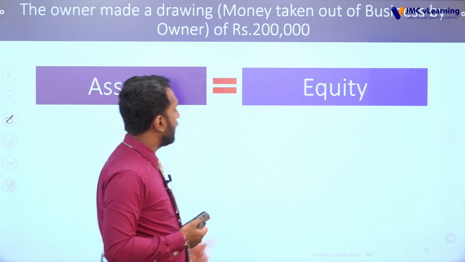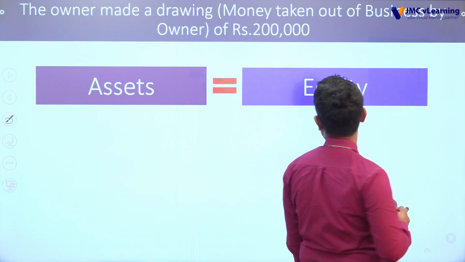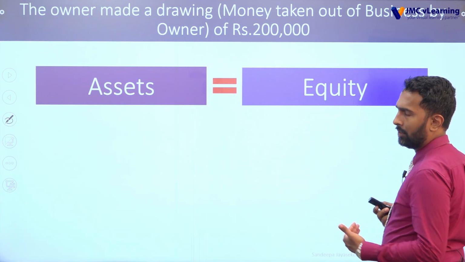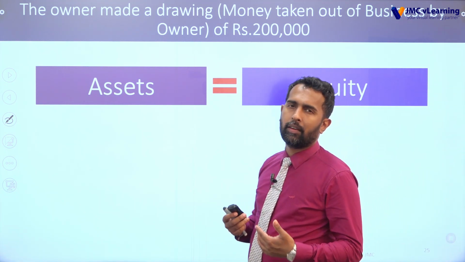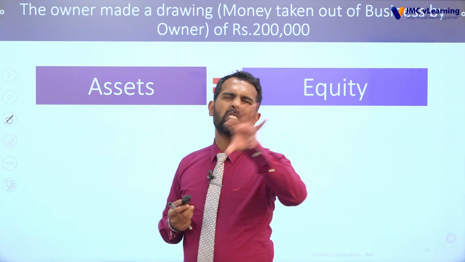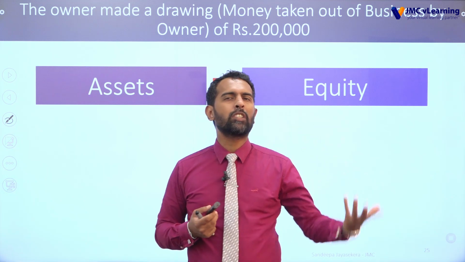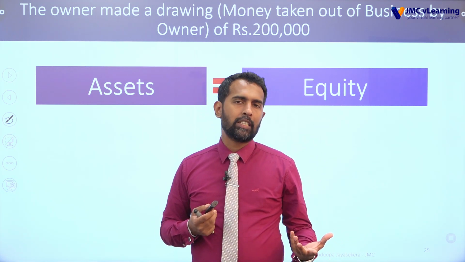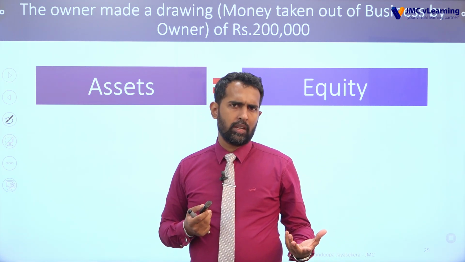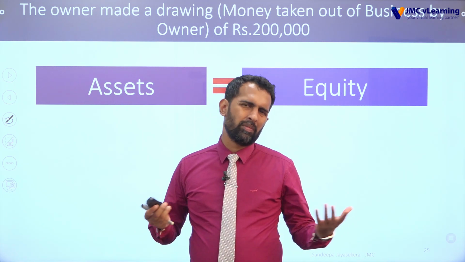Then the next transaction says the owner made a drawing. What is the meaning of drawing? When the owner is taking business money or business assets for his personal use, we say it's a drawing. Is it okay to do that? People are doing that.